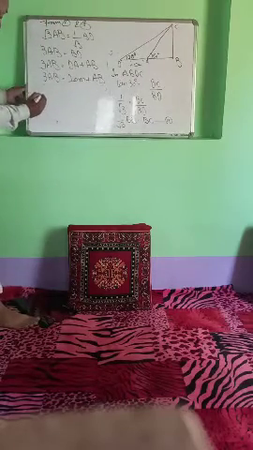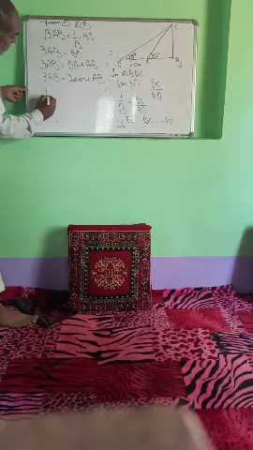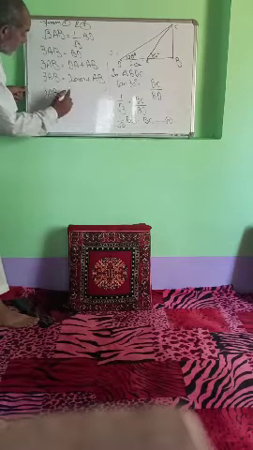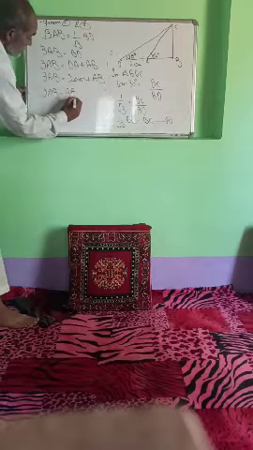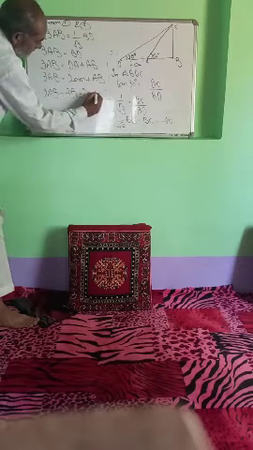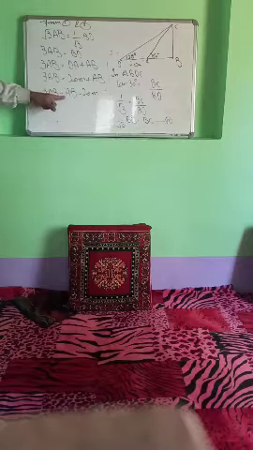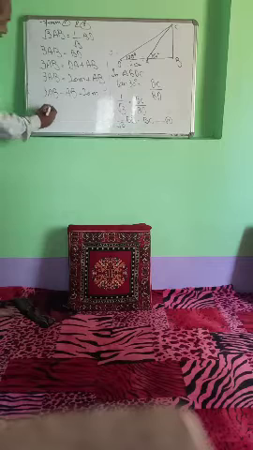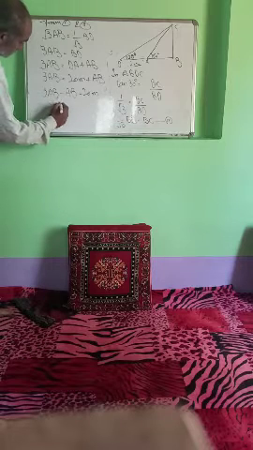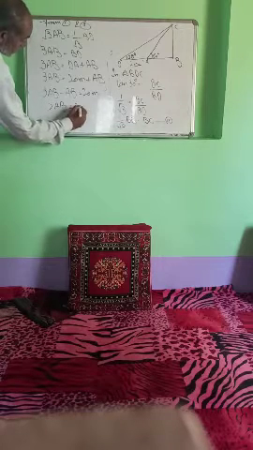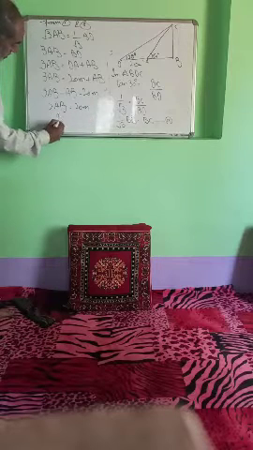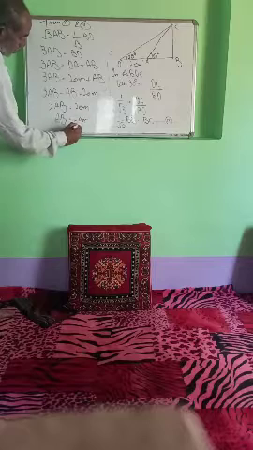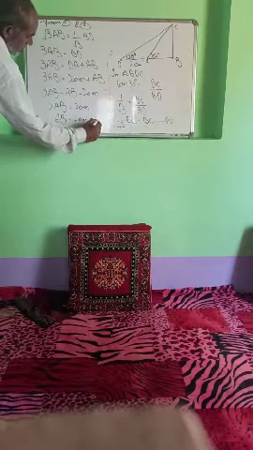With transposition, we get 3 times AB minus 1 times AB, that means 3AB minus 1AB, we get 2AB is equal to 20 meters, or AB is 20 meters by 2, that is 10 meters.